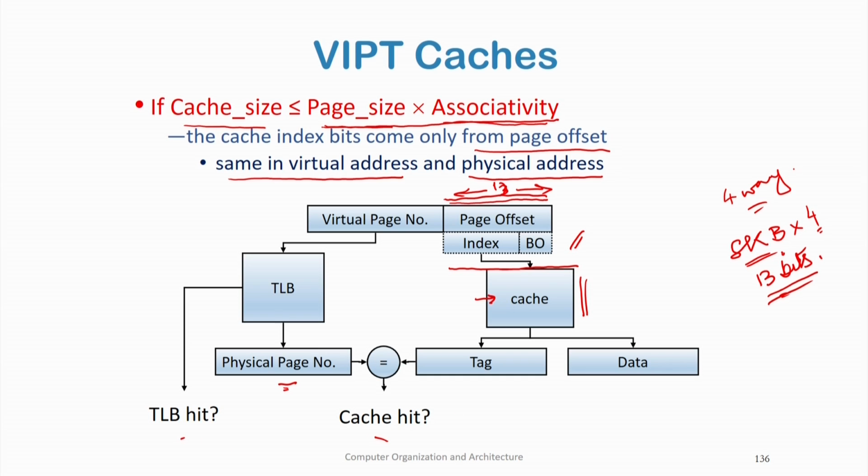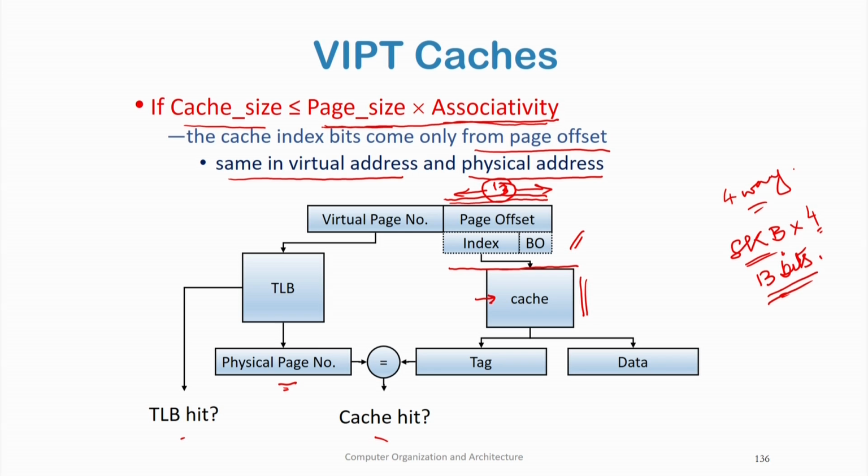Now, this problem is solved only for small caches. Because I only have these 13 bits essentially to index the cache, in this case I can only use the number of page offset bits to address the cache.